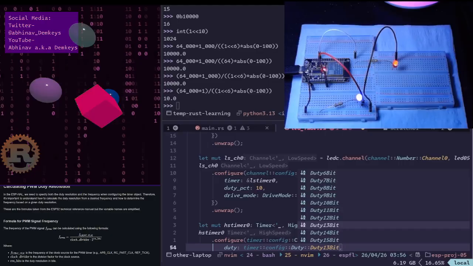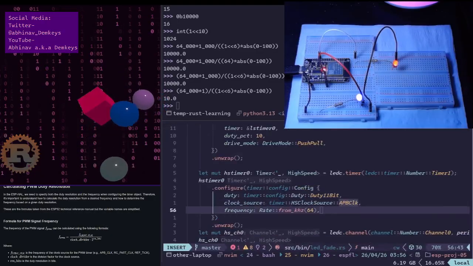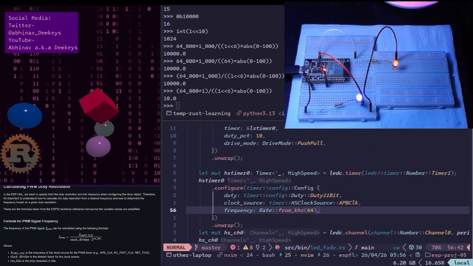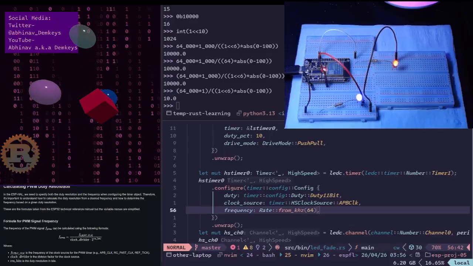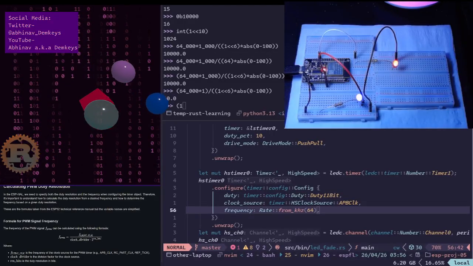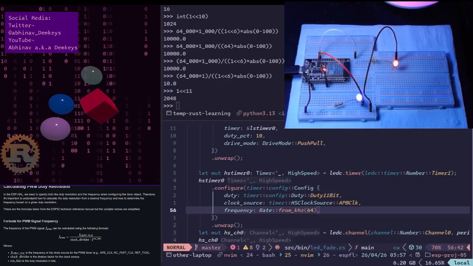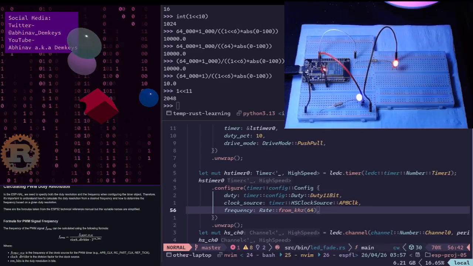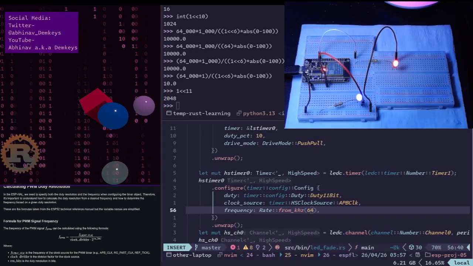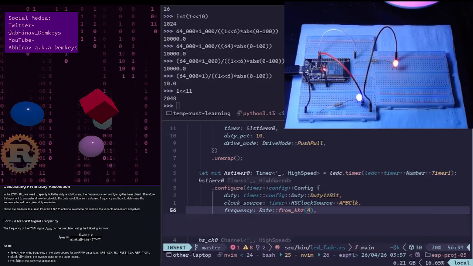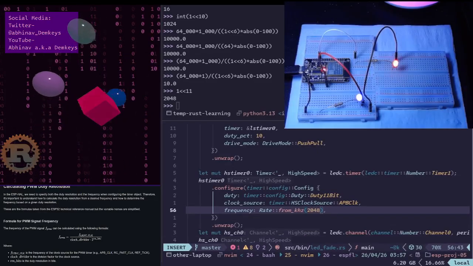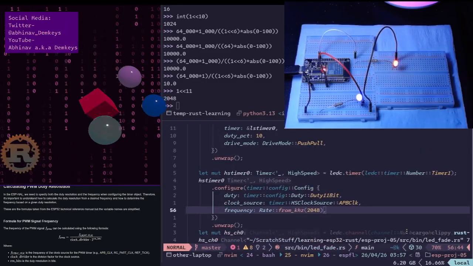So let's go for 11 bits. What is the max with 11 bits? Okay, 2048. So we're gonna set that as our thing and see if this works.